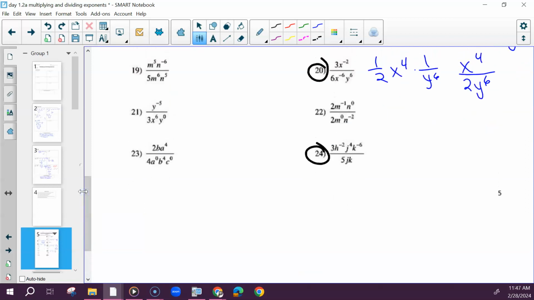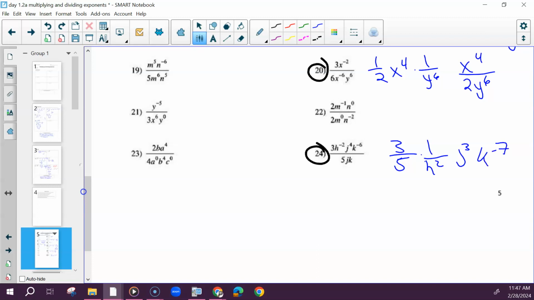And then 24, the 3 and the 5 couldn't be simplified more, so those stay the same. The h is going to come down and it doesn't have a like base. So I'm going to write it like this for now. The j's can be simplified. 4 minus 1, we get j to the 3rd. Negative 6 minus 1 would be negative 7.